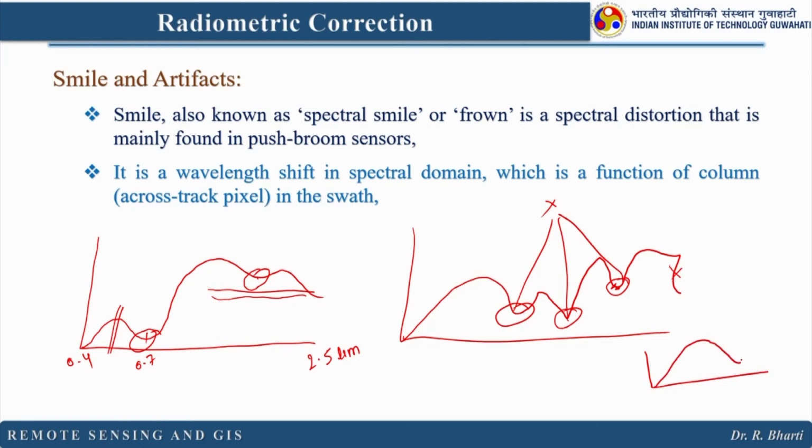So this was the value which was supposed to be here, but because of the problem in the misalignment or the wavelength shift, this got recorded here, right. So which is wrong, this is wrong because it has to be here, right. I hope you have understood.